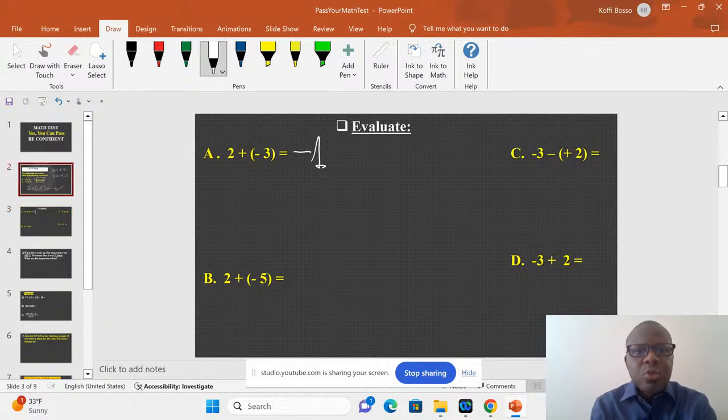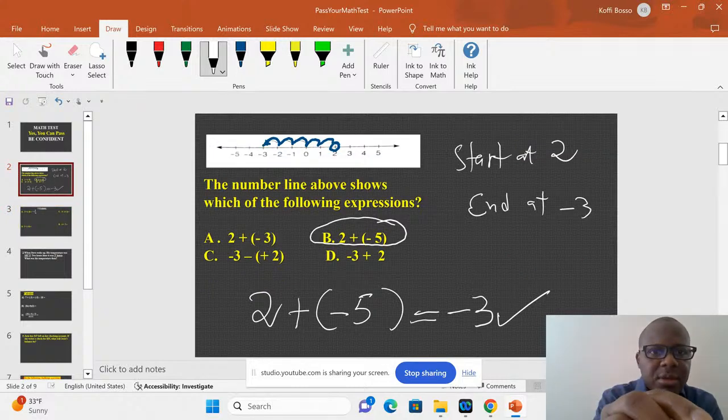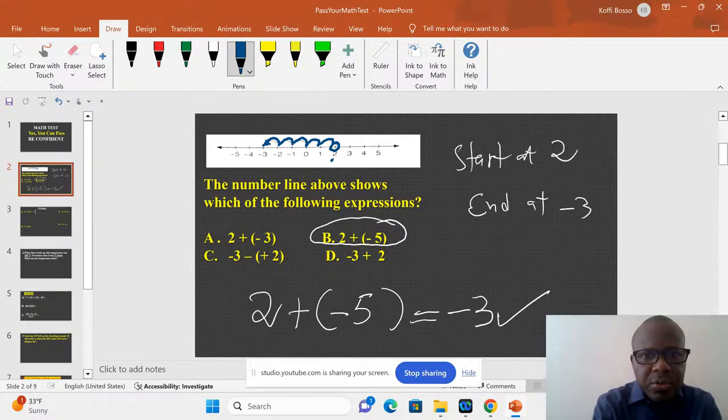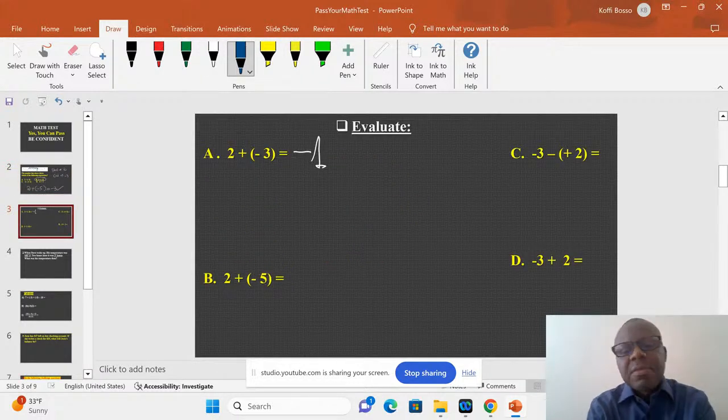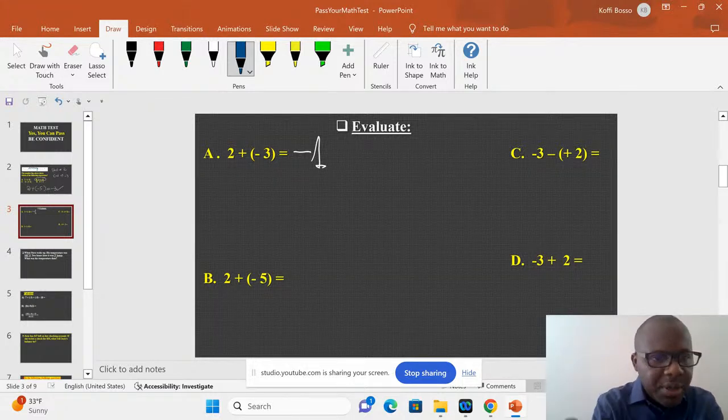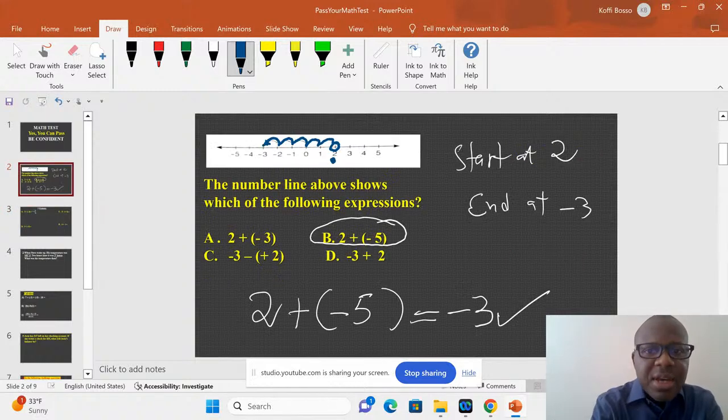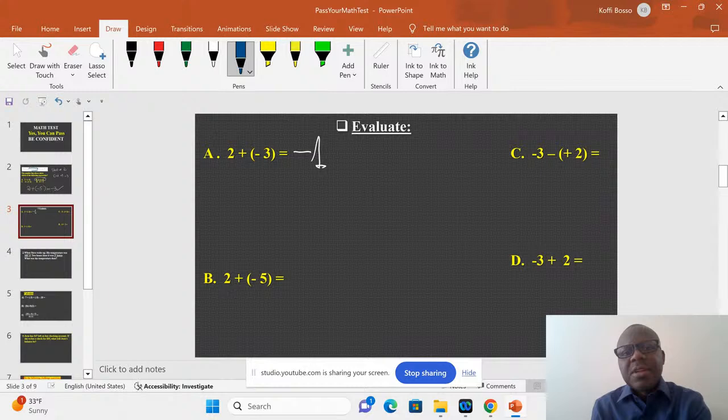You start at 2, and they say 2 plus -3. So plus -3 means I will move to the left side 3 units. So 1, 2, 3. Okay, so I jump to -1. The reason the answer is -1.